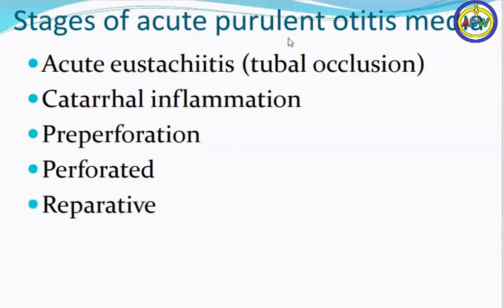The first stage is characterized by tubal occlusion or acute eustachitis. What kind of complaints does the patient have first of all? Blockage of the ear, discomfort, otophonia. Otophonia means that during speaking the patient can hear his voice in the ear. And we can call this acute eustachitis.